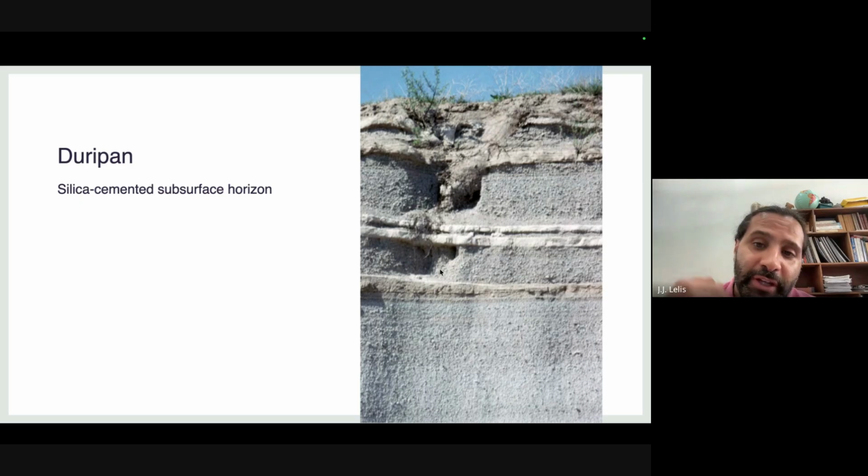So you can destroy clay minerals, especially the silicates, very easily if the pH is quite high. So this silica will be free. It is not bound to other elements, producing minerals. And because of the water percolation through the soil profile and because of gravity, the silica can migrate from the surface to subsurface horizons.